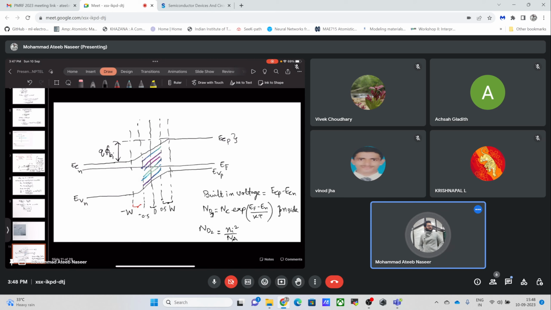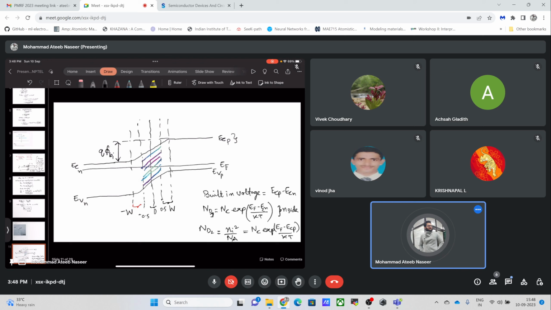So it means this Nd2 is simply Ni square divided by Na, or simply it is equal to Nc exponential of EF minus ECP by KT. So this is for the P side.